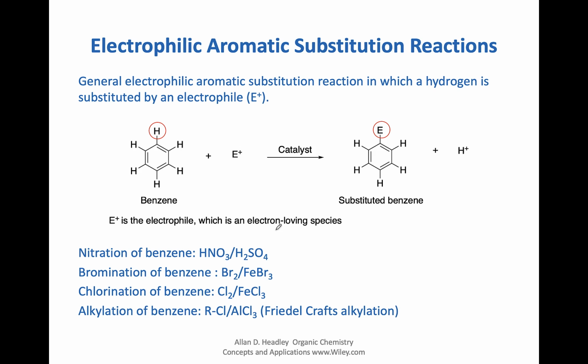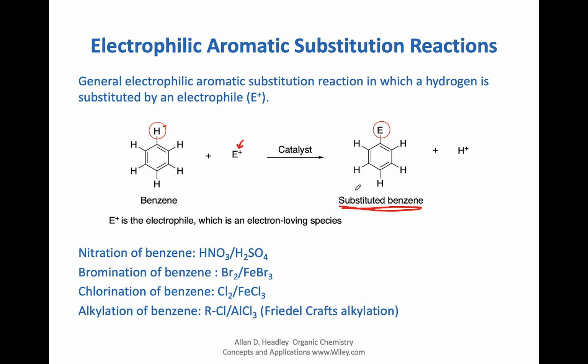So let's begin. As a quick review, you will recall that the electrophilic aromatic substitution reaction involves, of course, an aromatic system. That's why it's called aromatic substitution. Then it involves a hydrogen being replaced by an electrophile to give a substituted benzene.